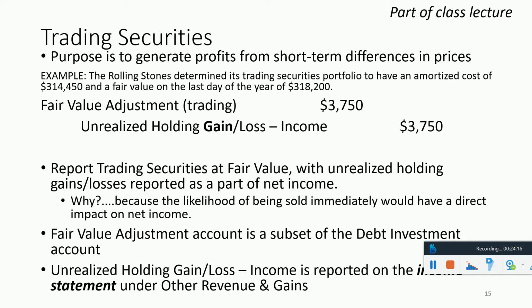Because it's going to be sold so quickly, any gain or loss is going to have a direct impact on net income, so they say, you know what, just record any unrealized gain or loss also into net income.